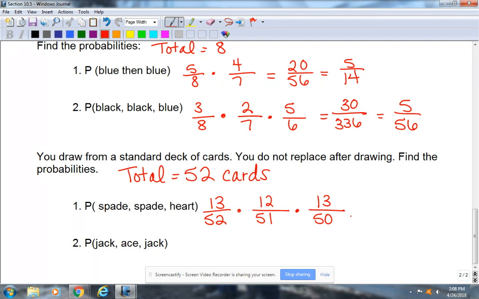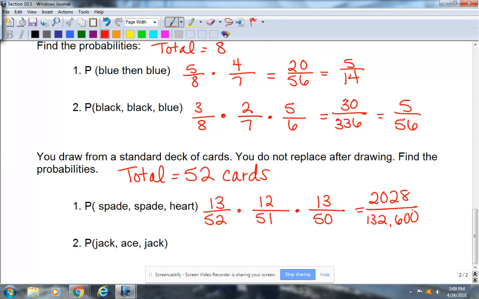All right, so 13 times 12. I believe you. I'm just trying to get there. 13 times 13 times 12: 2028. And 52 times 51 times 50 is 132,600.